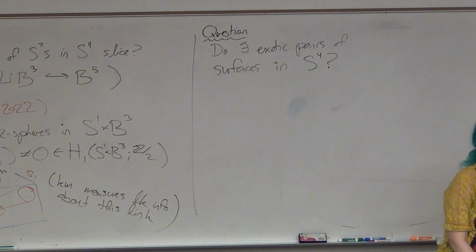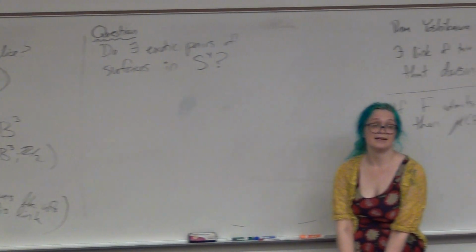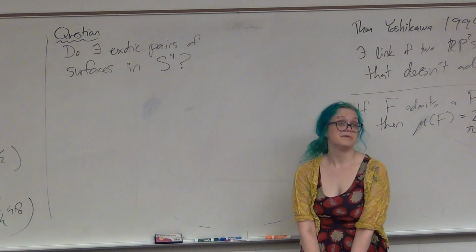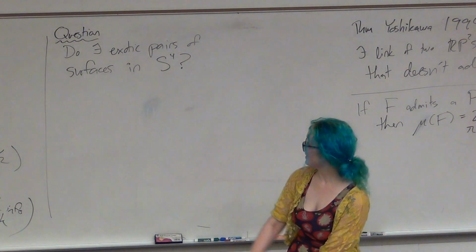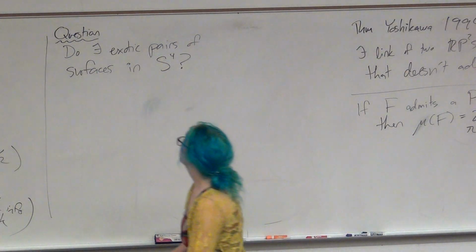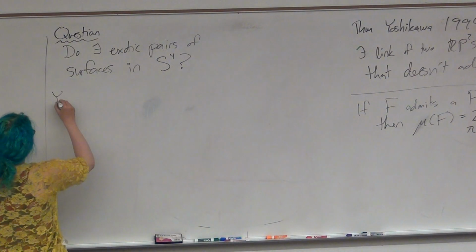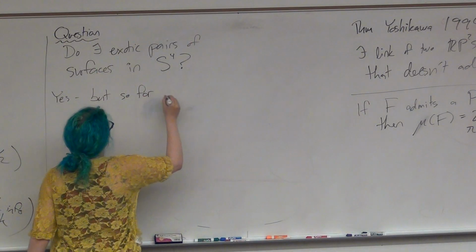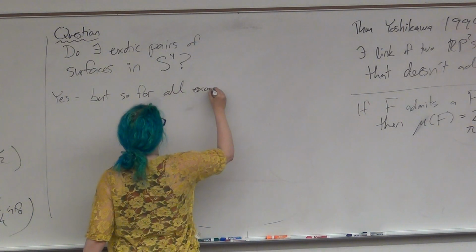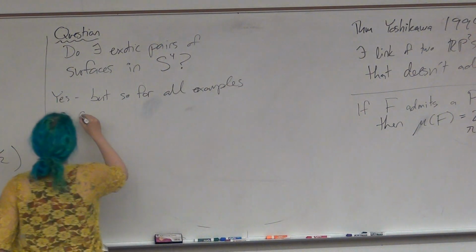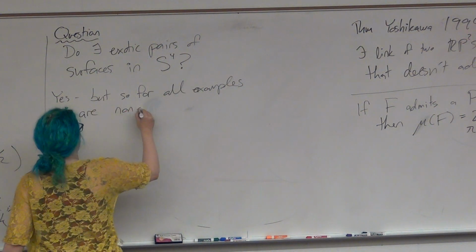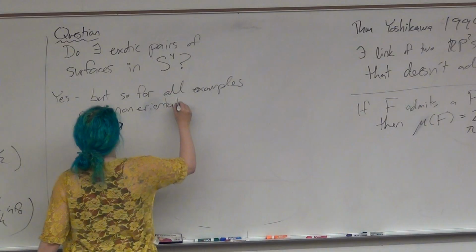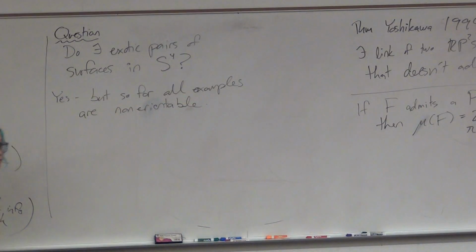By exotic, I mean, can you find a pair of surfaces that are topologically isotopic, but not smoothly isotopic? And it's not a very good question, because the answer is yes. Yes, but so far, all the examples are non-orientable, and non-orientable in a very crucial way in the proof.